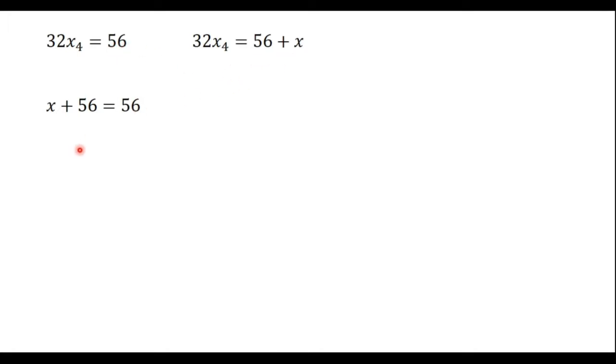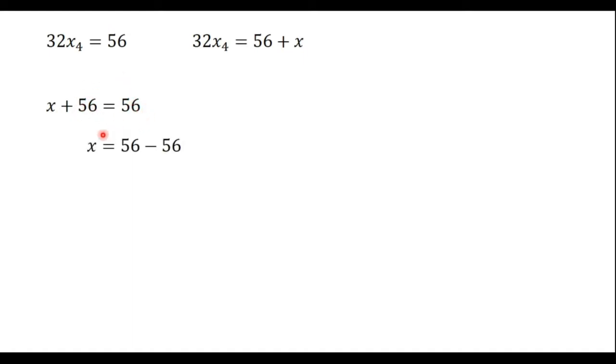Now we solve this. This is a linear equation. We have 56 here and 56 here, numbers, so we can group like terms. We group the x at one side and the numbers at the other side. There is only one x here, so we keep it here. 56 is positive here; when we take it to the other side, it becomes negative.